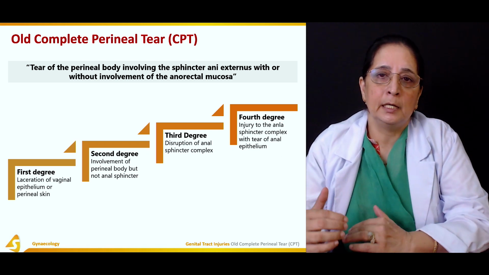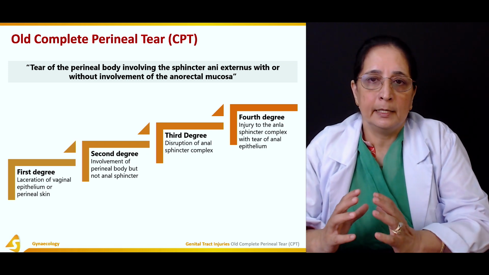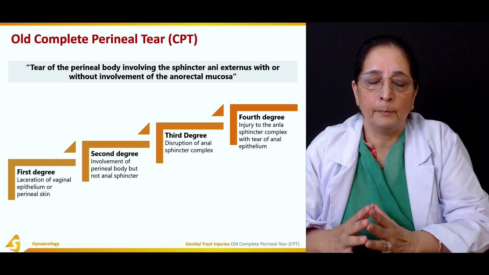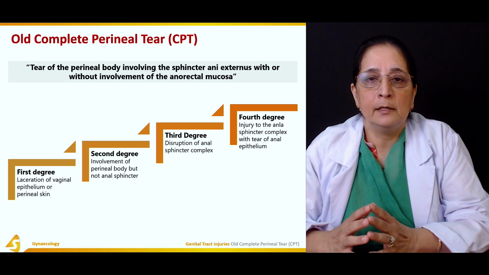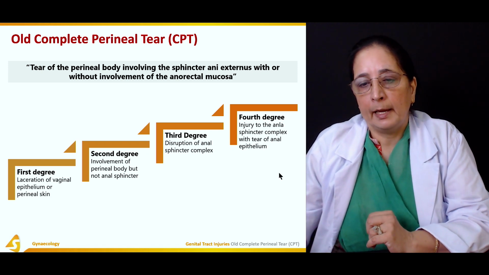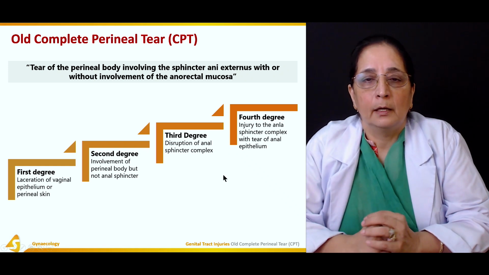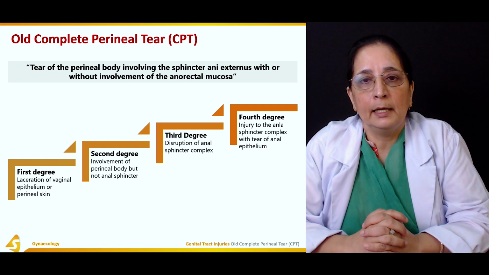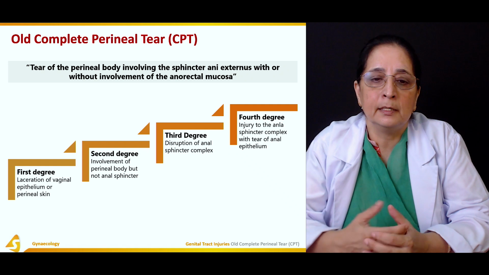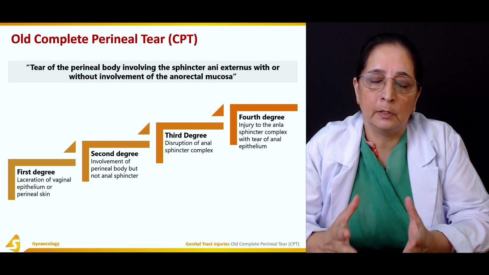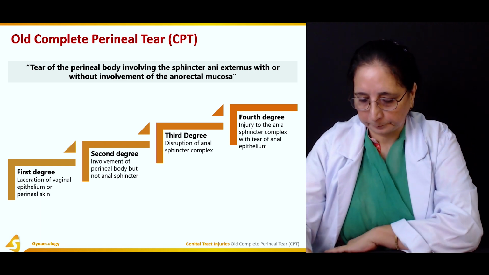So as you see, from first degree to fourth degree, it is more serious, more complicated, and requires extensive repair. When there is involvement of the anal sphincter, usually it leads to fecal incontinence, and there is no control because the sphincter that is responsible for opening and closing of the anus or rectum is involved.